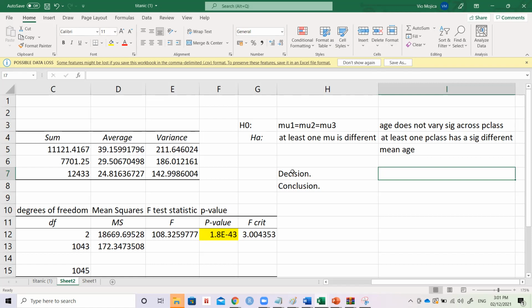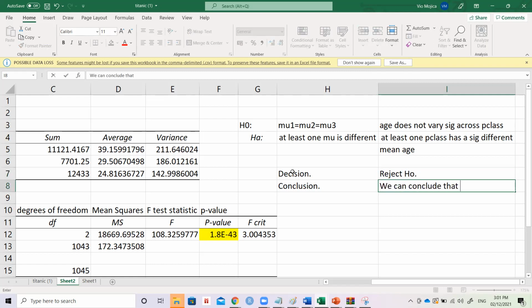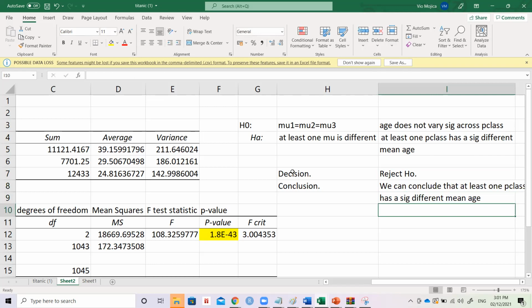So our decision is to reject H null. So we can conclude that at least one passenger class has a significantly different mean age. So that's how it works.